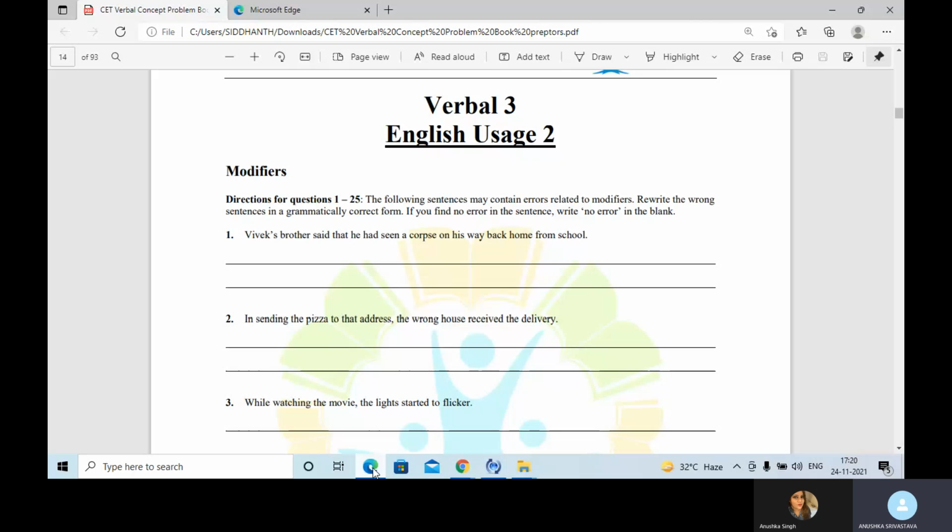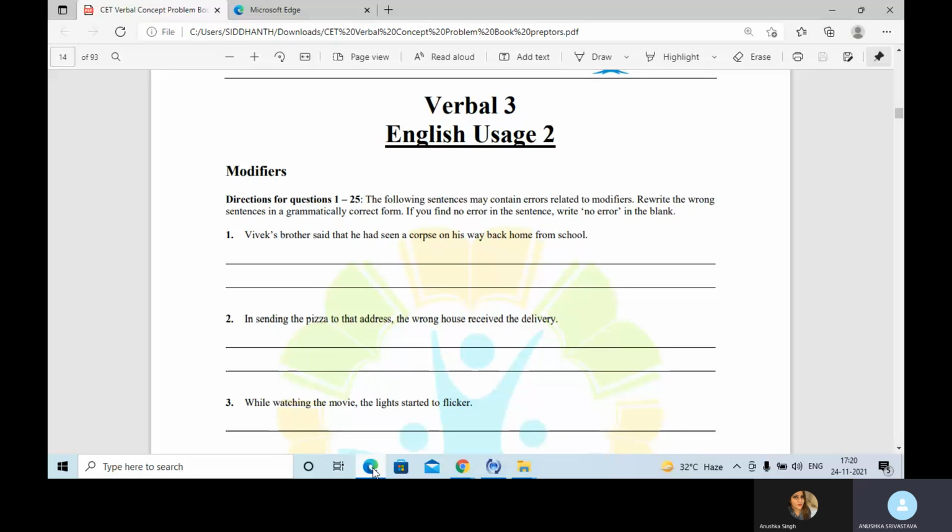It was Vivek's brother. So I will reframe the sentence as, on his way back home from school, Vivek's brother said that he had seen a corpse. So now, on his way back home from school, which is my modifier or a phrase, is describing Vivek's brother and not the corpse. So the sentence becomes grammatically correct.